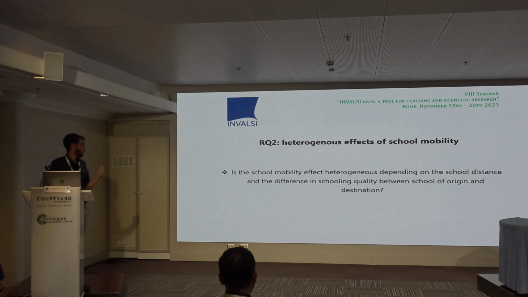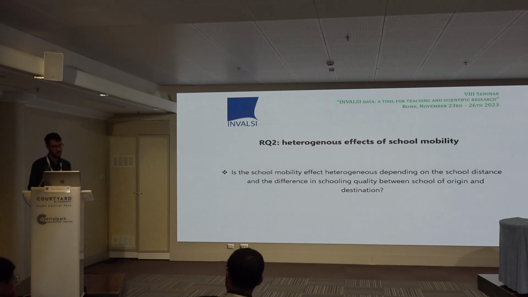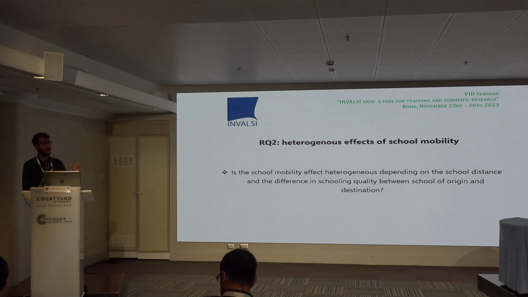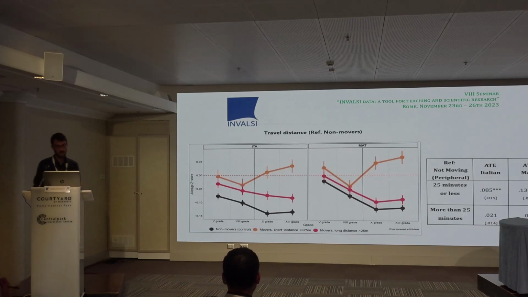But what happens if we look at these results taking into account that there could be an important heterogeneity in the effect between students moving to schools at a short distance and students moving to schools at a long distance? Here are the results.